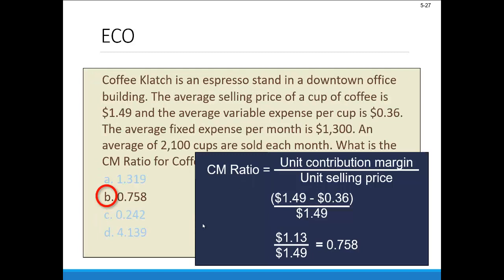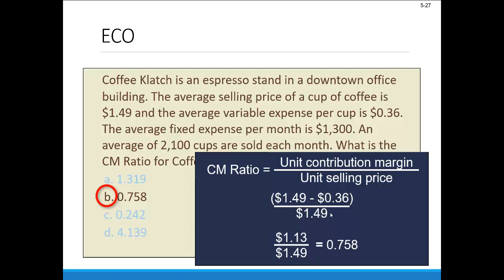So that would be B, 0.758 or 75.8%. So that CM ratio, we can take the unit CM divided by the unit selling price. Unit CM is selling price minus unit variable cost. So $1.49 per cup is what I'm selling coffee for, minus 36 cents per cup in variable expenses.